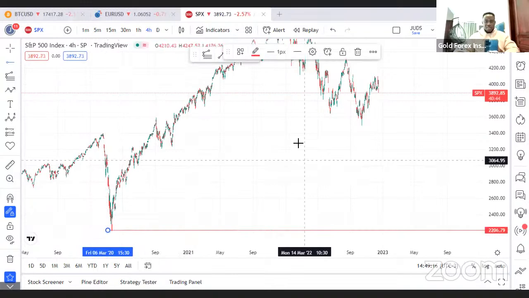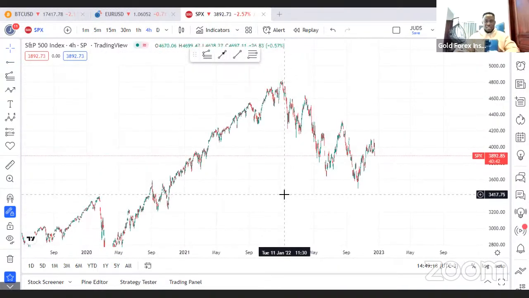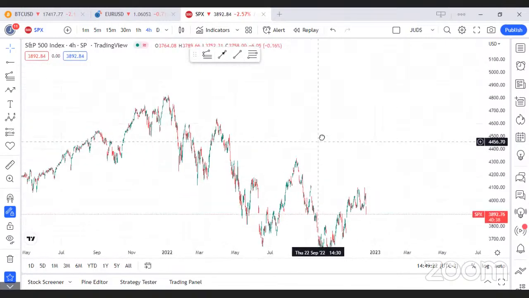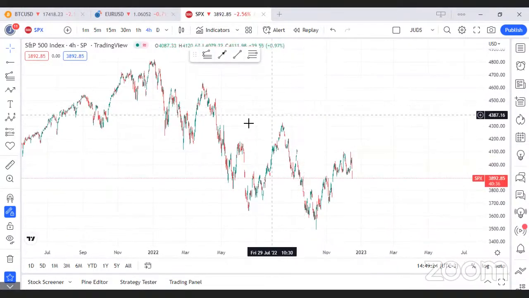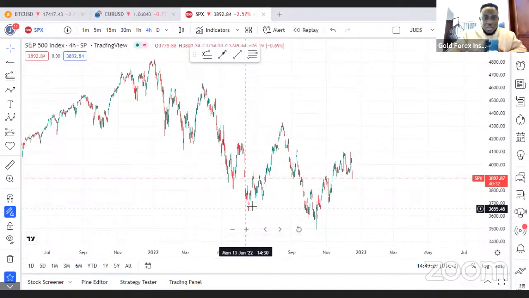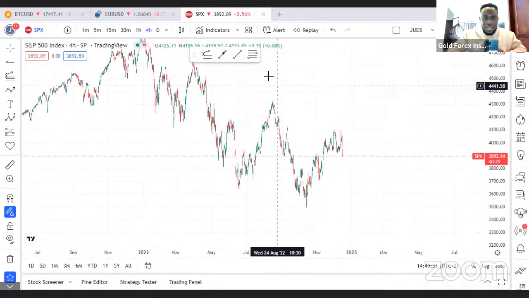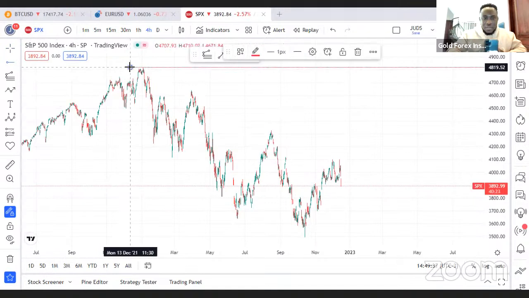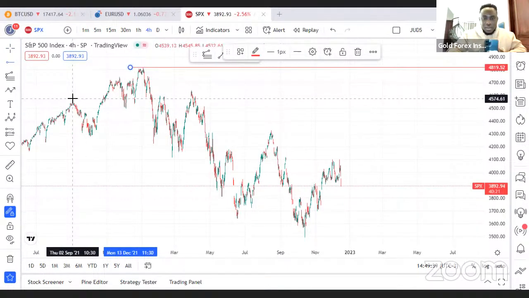It formed more or less like a running flat like that. Let me see the structures we are having here. So the first one was A, then a flat correction, B. So 1, flat correction 2, then 3, 4, 5.